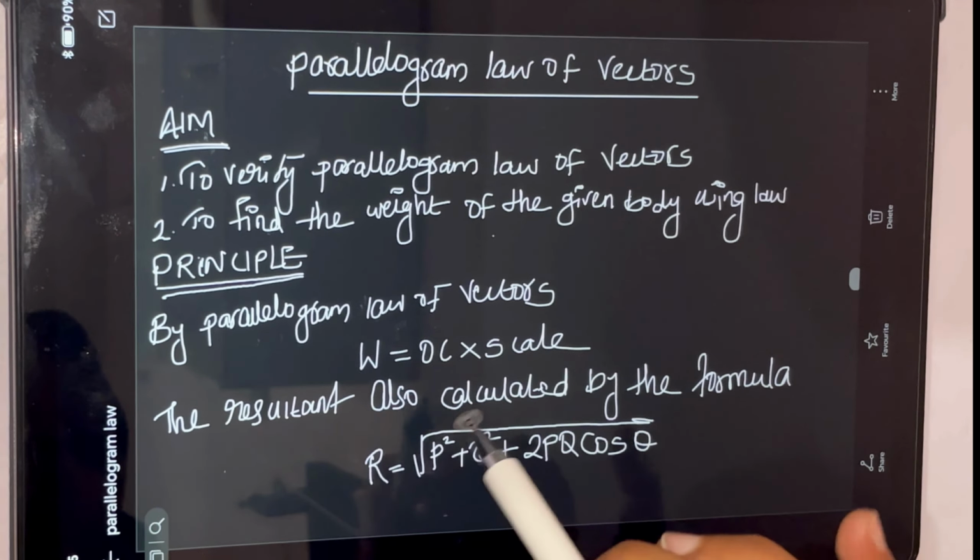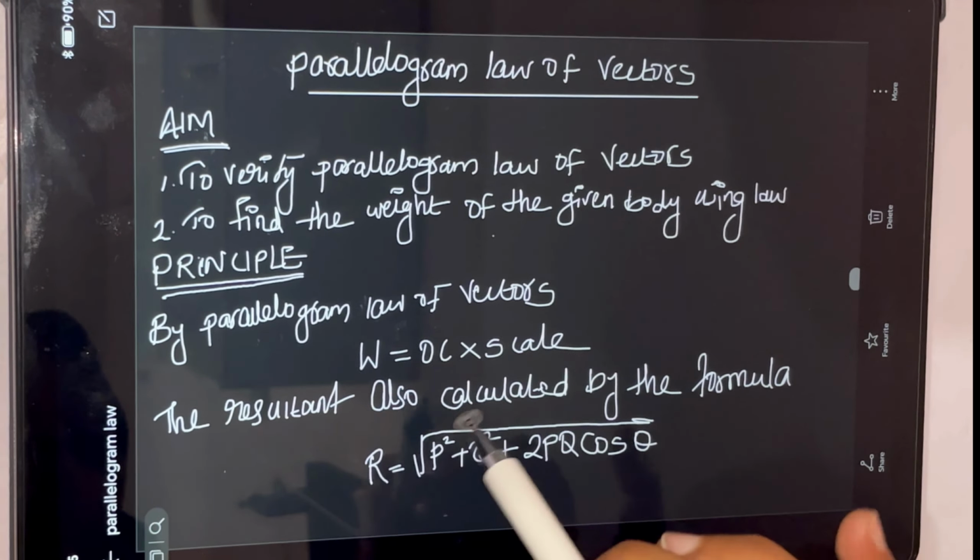Now this is the unknown weight. I have mentioned already, with these two formulas we have to find it. Firstly, we are doing with this formula: W is equal to OC into scale. OC here is 4.3 into scale is 50, we know that. So 4.3 into 50 is equal to 215.